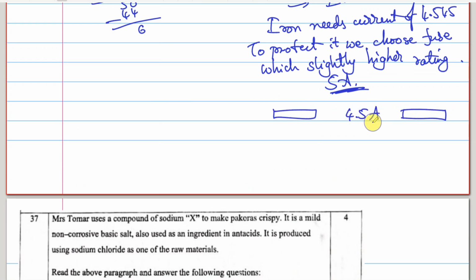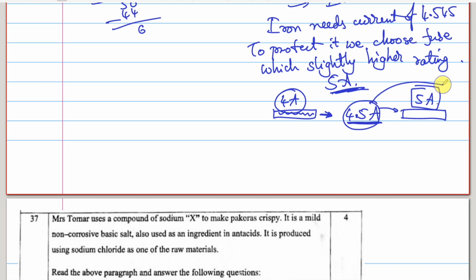We can use two fuses, one of 4 ampere or of 5 ampere. So if we use a fuse of 4 ampere, because the iron needs 4.5 ampere, it will be drawing 4.5. So when it tries to pull 4.5, the fuse will melt because the current is more than its capacity. If we use 5 ampere, then the current being used is within the capacity of the fuse.